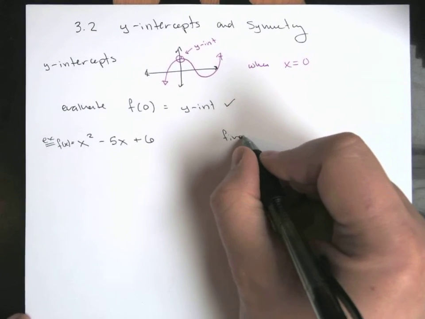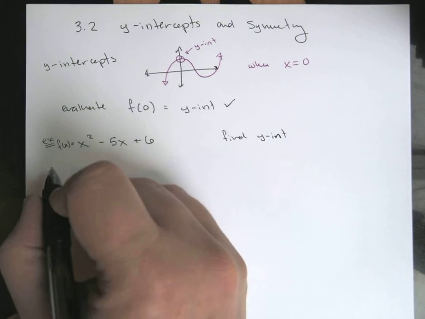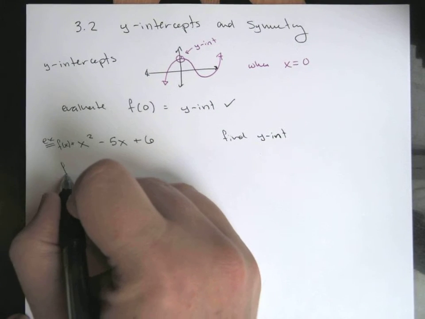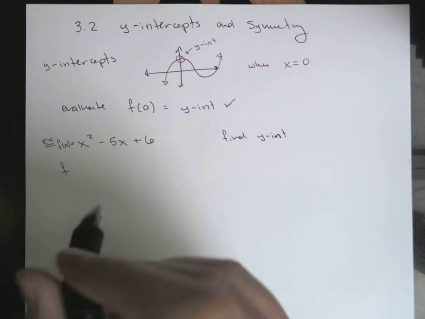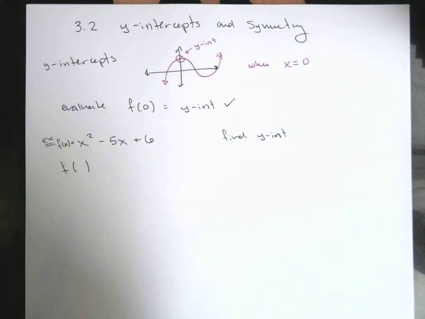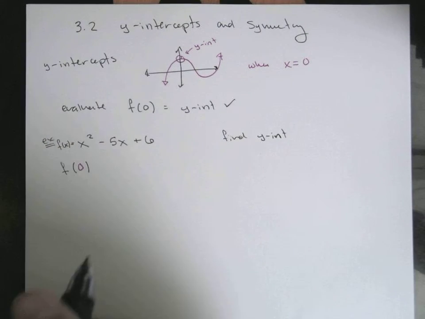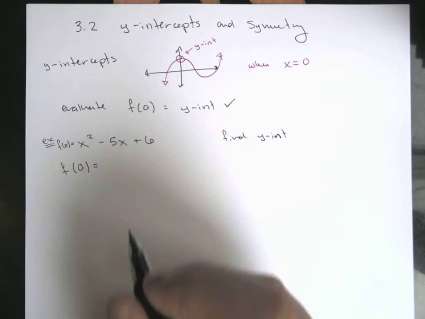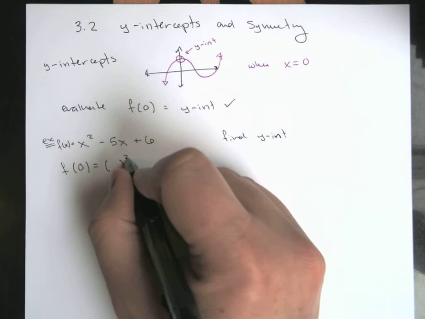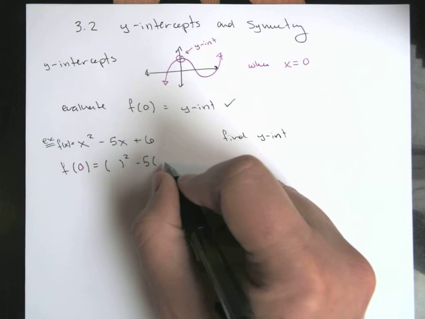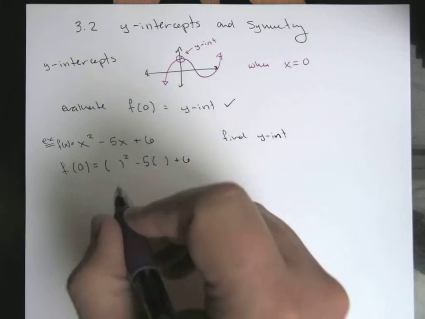So if we're going to find the one and only y-intercept, all we're going to do is sub in f of 0. So just subbing in x equals 0 and then evaluating it. F of 0 is one of our best and easiest substitutions because anything multiplied by 0, 0 squared, 0 to any power, is just going to give us more zeros.